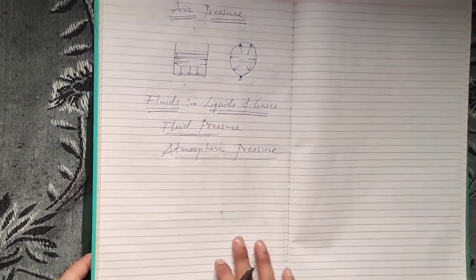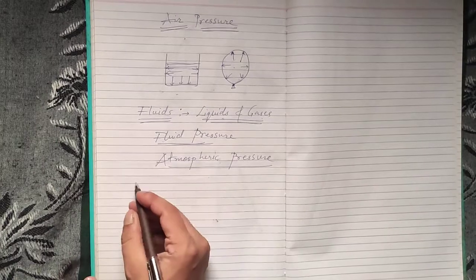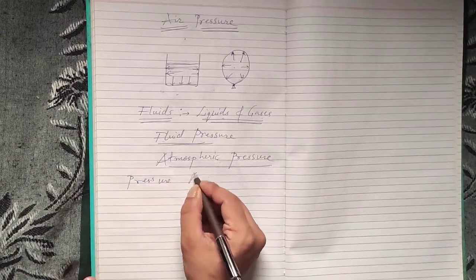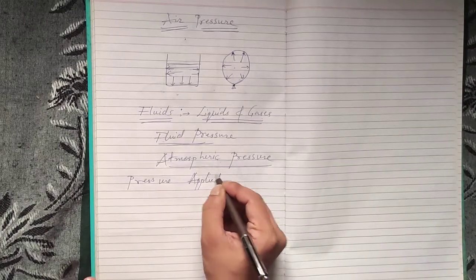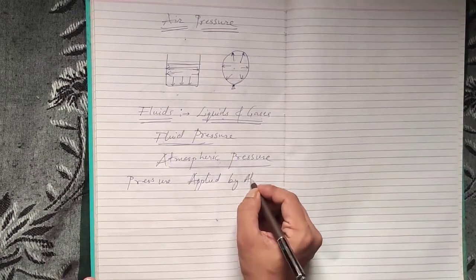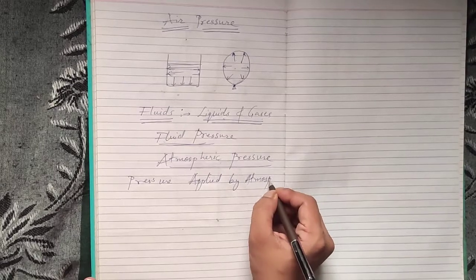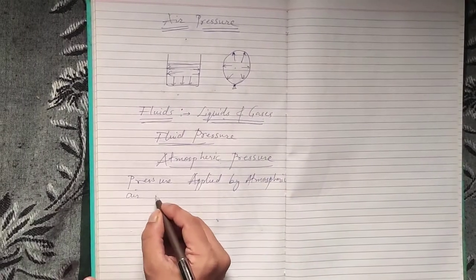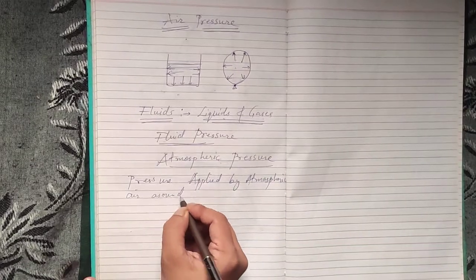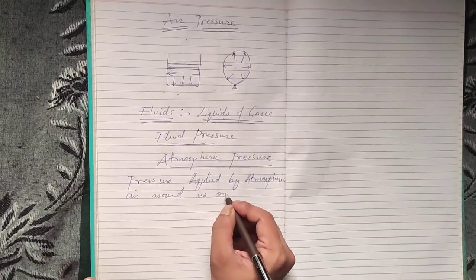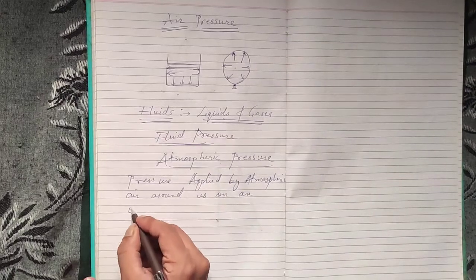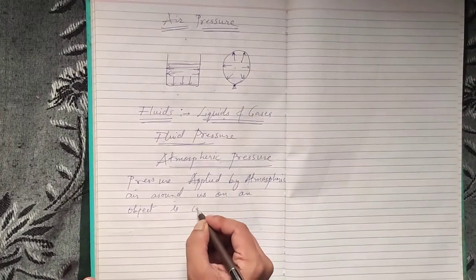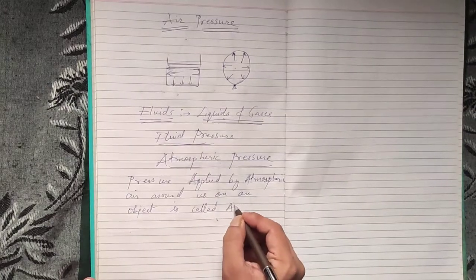Atmospheric pressure is the pressure applied by the atmosphere, or you can say atmospheric air around us, on an object.